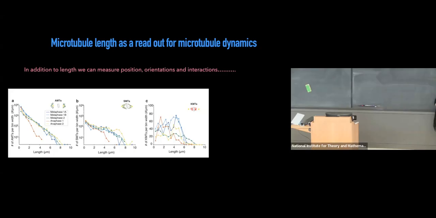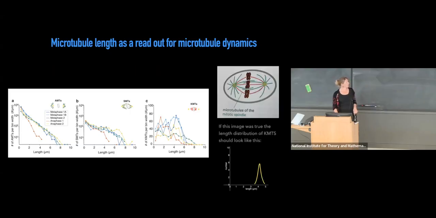But what I hope everyone can see is that the kinetochore microtubules look very different. They are not exponential. And if you think about this and the textbook picture, you can guess that maybe there's something a little off between the data we have and the textbook picture.